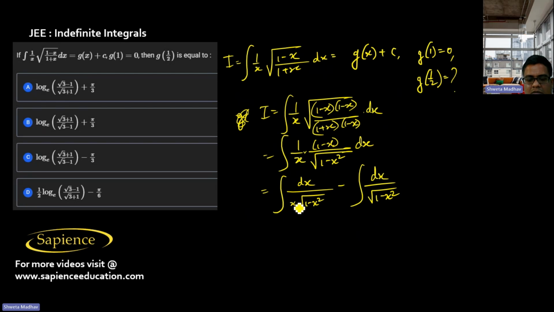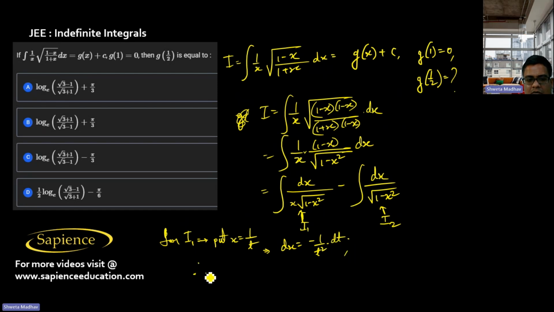Now let's call this integral I1 and this I2, suppose. So for integral I1 we can put x as 1 by t. Then obviously dx will be equal to minus 1 by t square into dt.